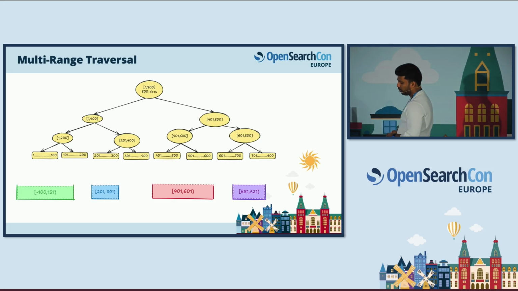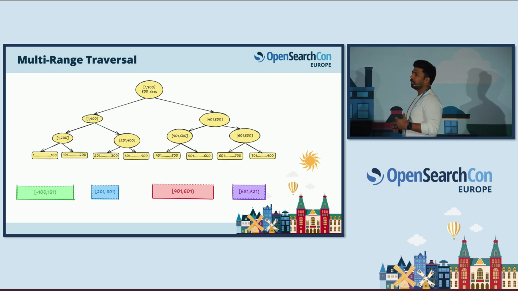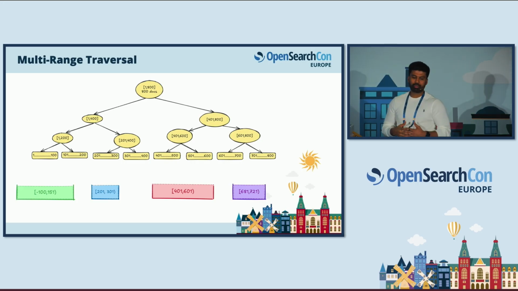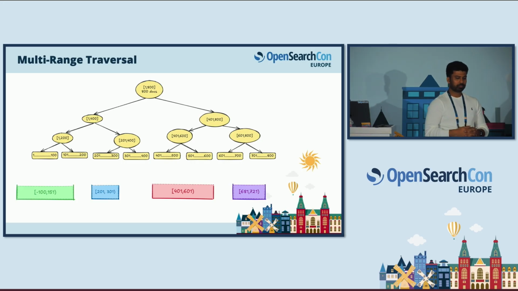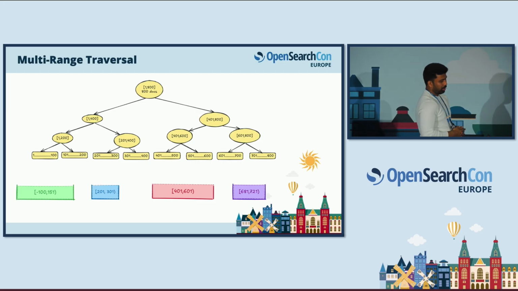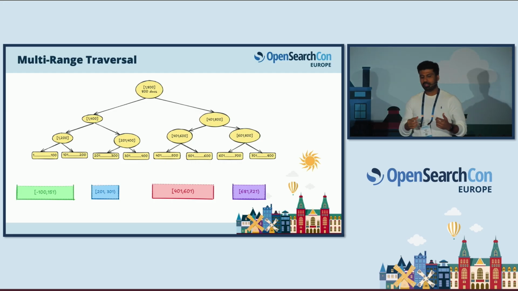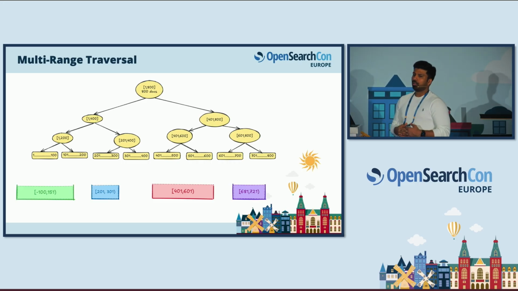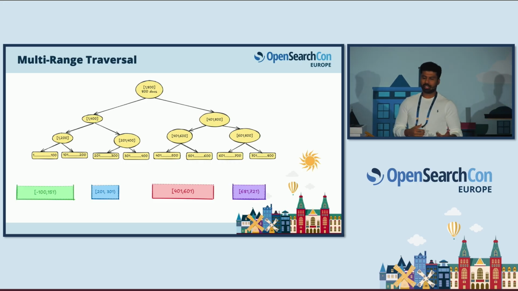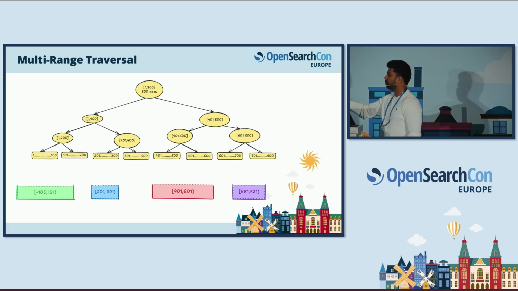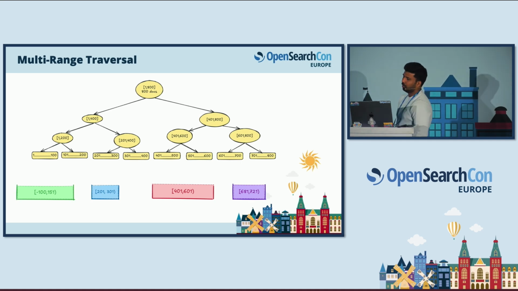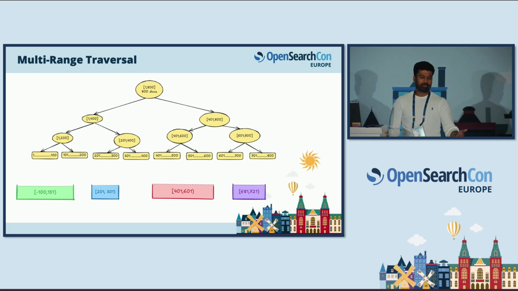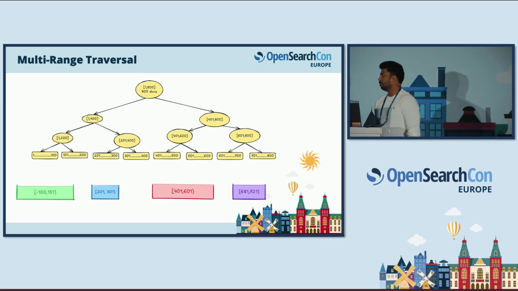And that is when we came up with a completely novel approach called multi-range traversal. So what we did was, let's say we want to collect the documents for these 4 buckets. We have put these buckets at the bottom, and for example the ranges are -100 to 151, 201 to 301, and so on.